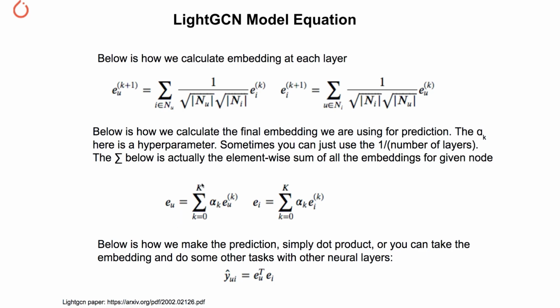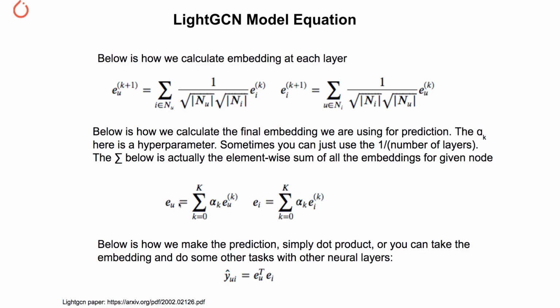So if its embedding is a vector of size 10, then the final value at position 1 is: for all the embeddings from layer 0 to K at position 1, add them together, divide by the number of layers, and that is the final embedding's value at position 1.